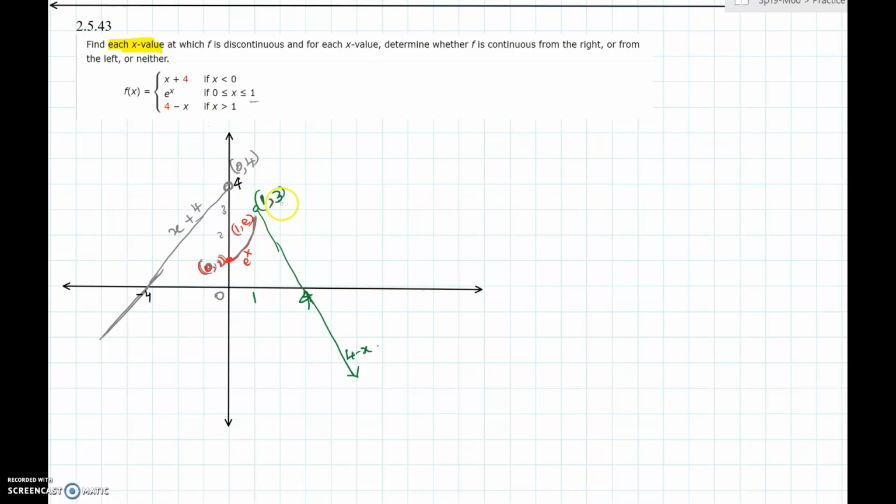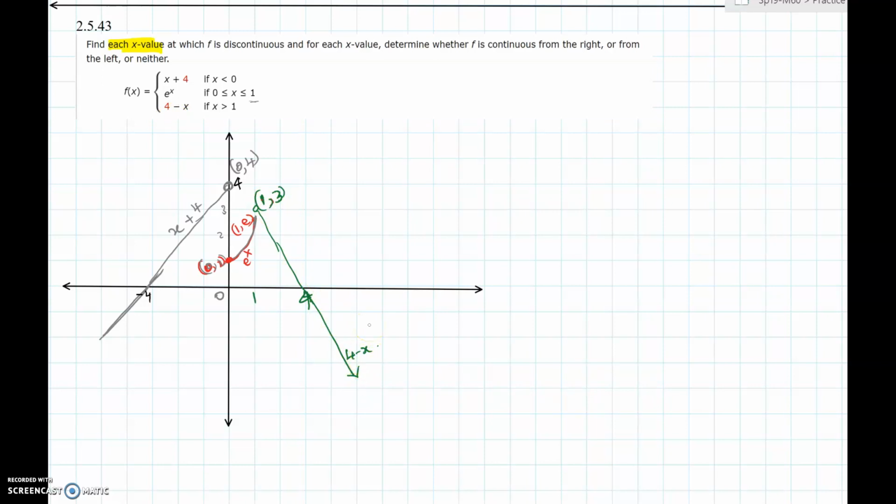So x is 1, y is 3, but there is a hole because here we don't have an equal sign for x. So x is strictly more than 1. So there is a hole at (1, 3). And then it's a decreasing function, a straight line, because 4 minus x is a linear equation with slope equal to negative 1 and y-intercept equal to 4. Okay, so we get that green piece of the graph.